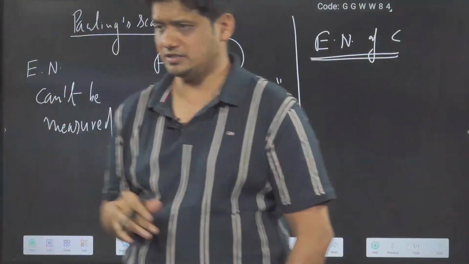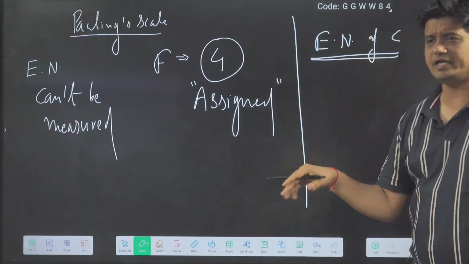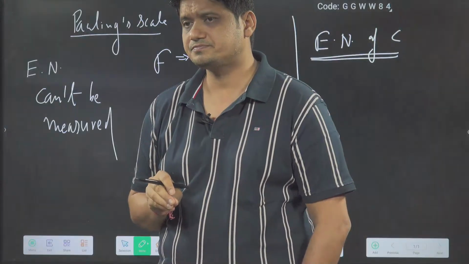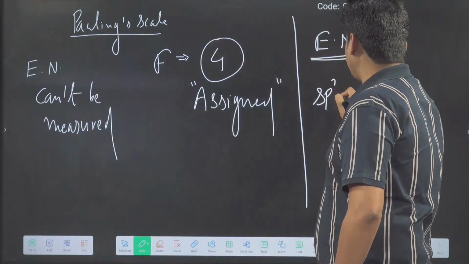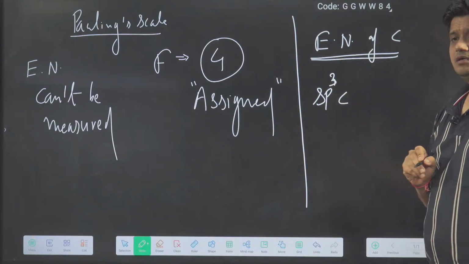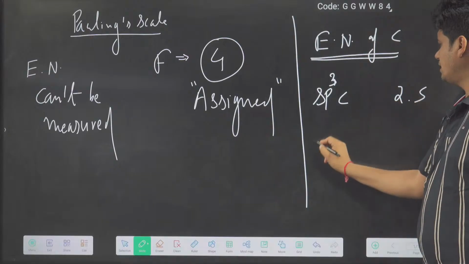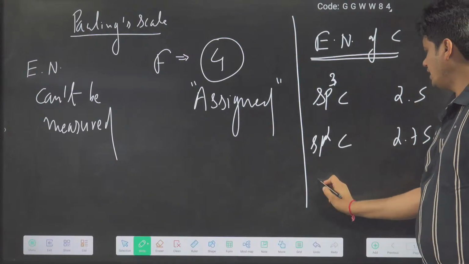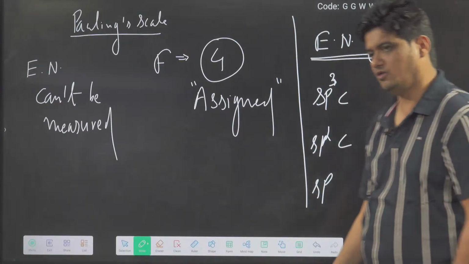No, we cannot say, because the electronegativity of any element is not constant. We discussed in the previous lecture that for sp3 carbon electronegativity is approximately 2.5, sp2 carbon approximately 2.75, and sp carbon approximately 3.25. Very good.